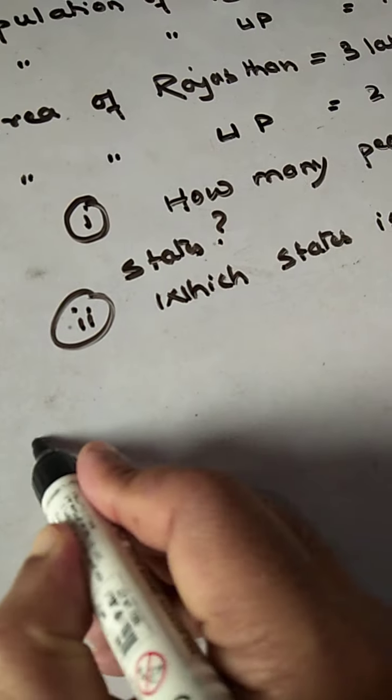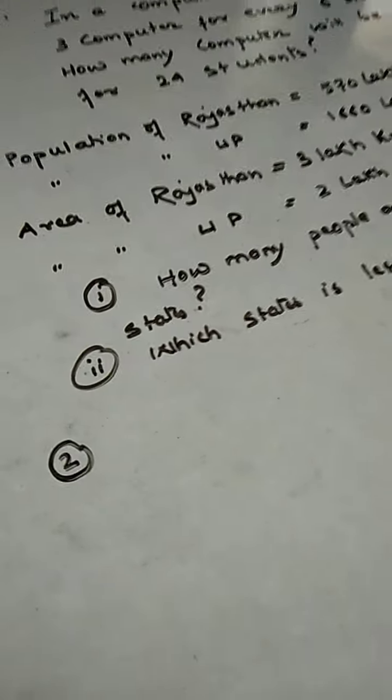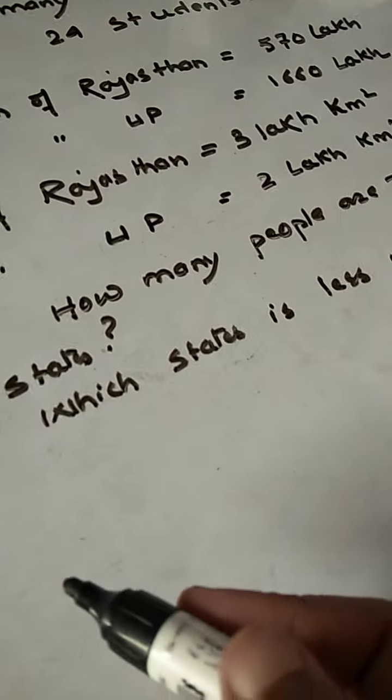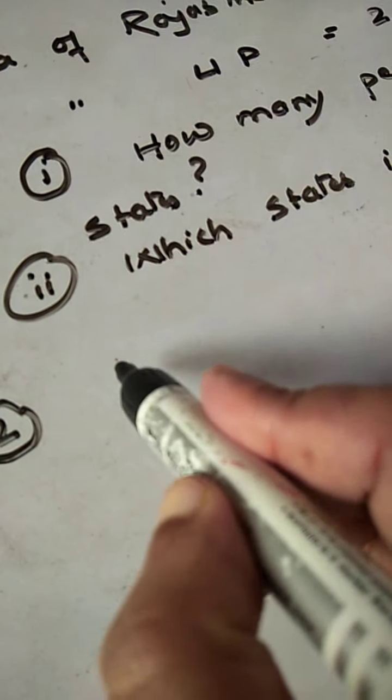Now how exactly will we do the solution? See, it's very similar to a unitary method sort of sum. So what sentence do I have to write?